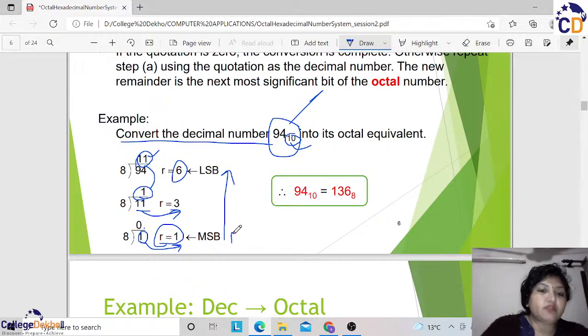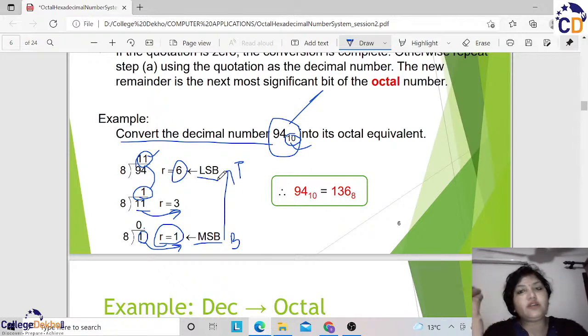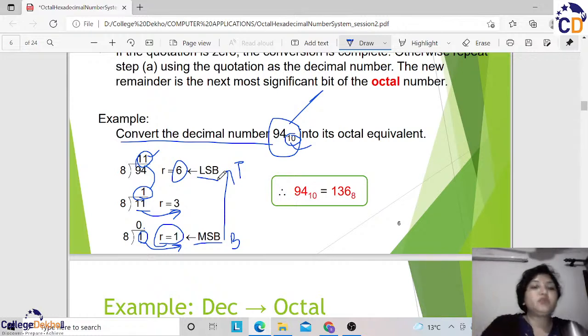So you take from the bottom and write the conversion in this form, and again I am repeating, this bit is called the most significant bit and the topmost bit is called the least significant bit, right? So the last part is MSB, or most significant bit. The first part is LSB, that is least significant bit.